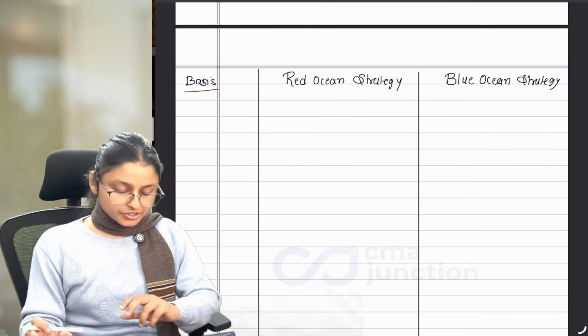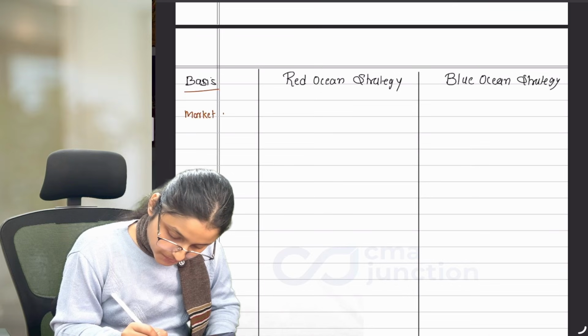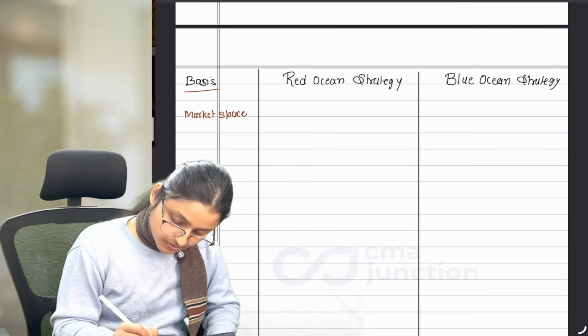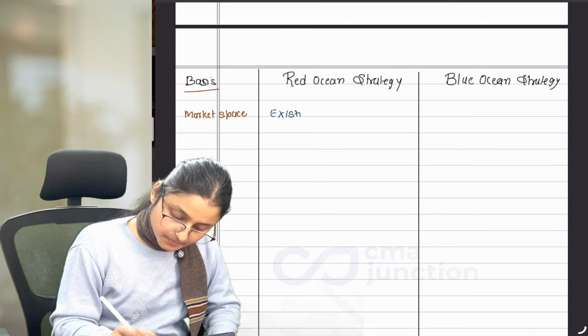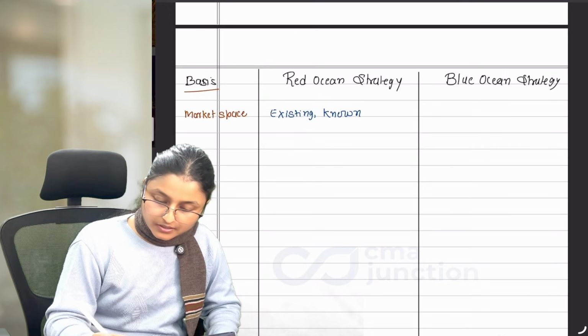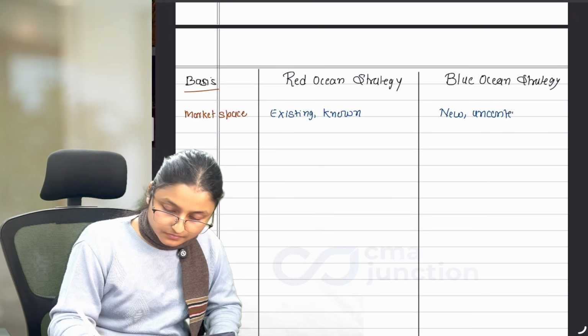How we are going to differentiate between both of them. First, we are differentiating them on the basis of market space. So here we have existing and known market. And here we have new and uncontested market.